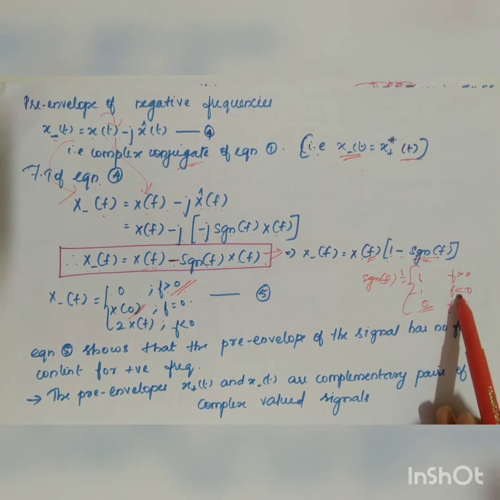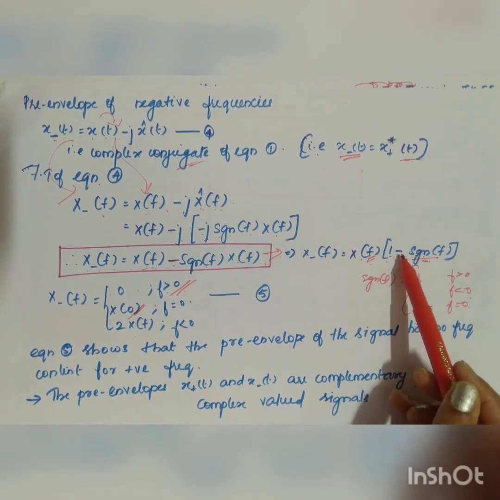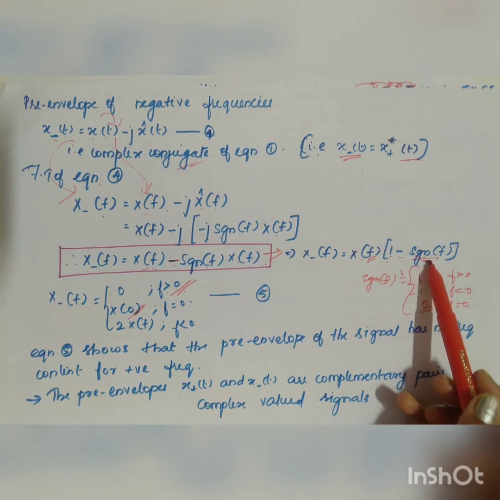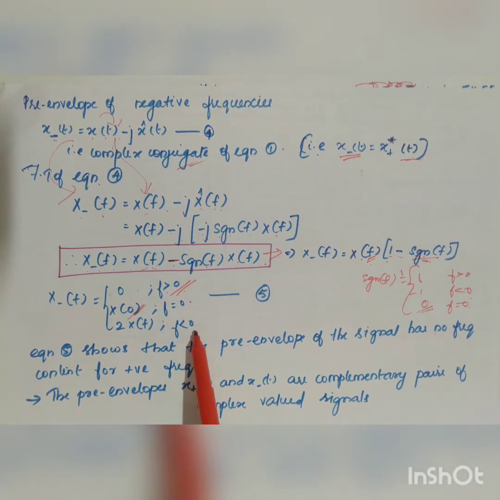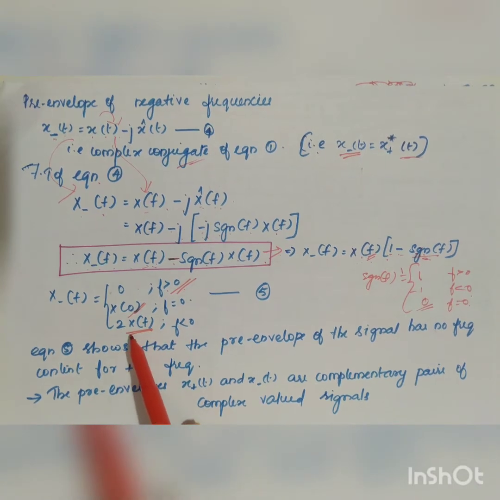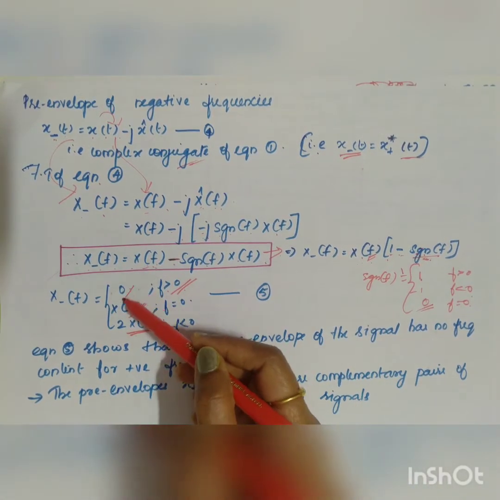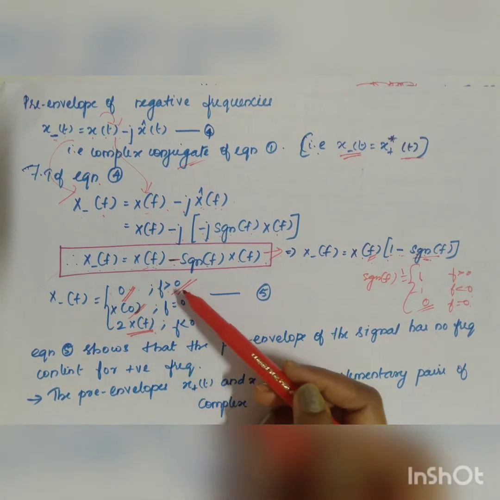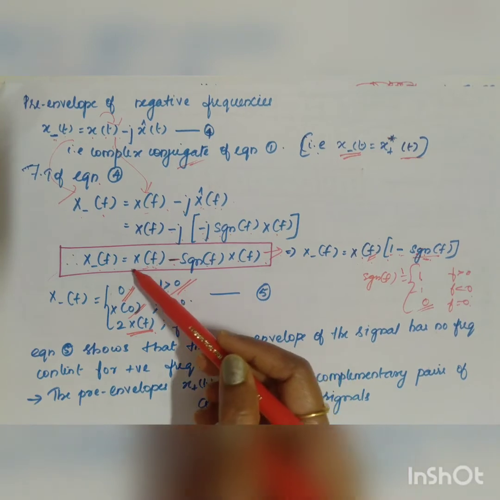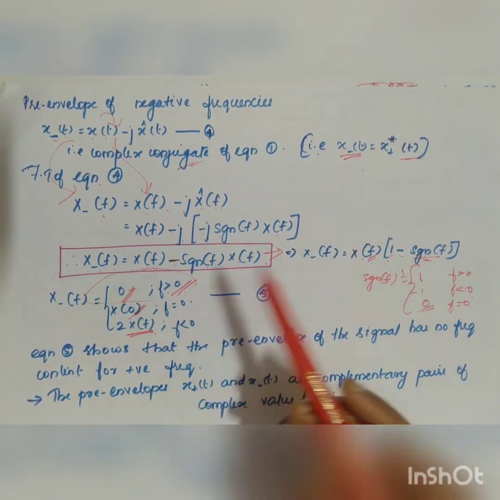Whereas in the case of negative frequency, that is for f less than 0, sgn(f) is minus 1. So 1 minus (minus 1) is 1 plus 1, which is equal to 2, giving 2 into X(f). So for f less than 0, the value is 2 into X(f). If you look at this expression, for negative frequency the positive spectrum is absent. It will be just the opposite.